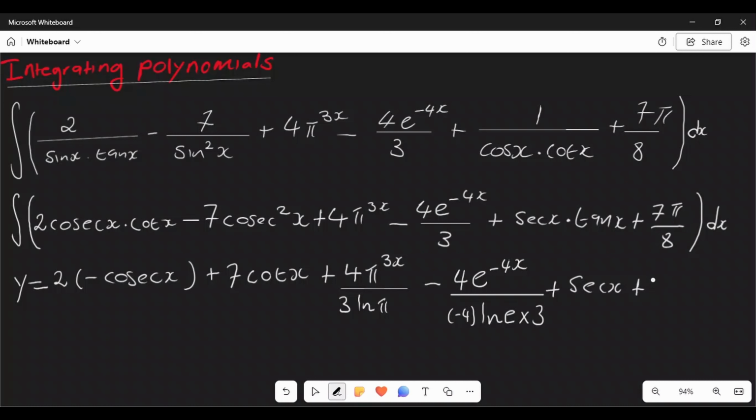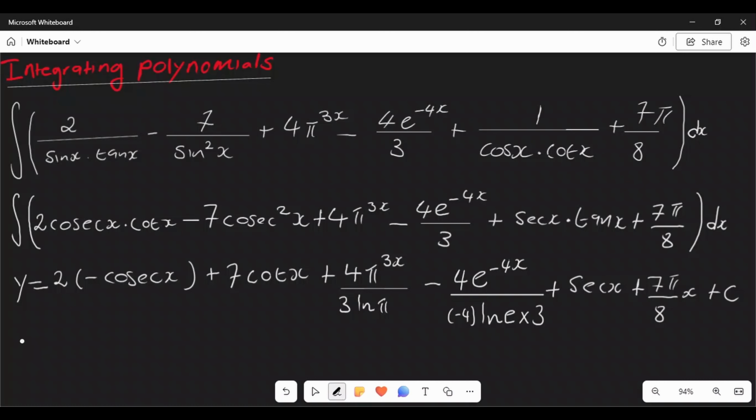So you just write this 7 multiplied by pi divided by 8, then multiply by x, then plus c. Remember, when you integrate, don't forget plus c. I know, guys, this is a bit long, but it's very, very important for you to be able to identify each term and what rule you are going to use for each term.